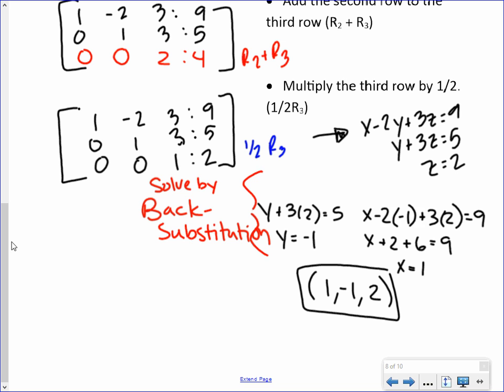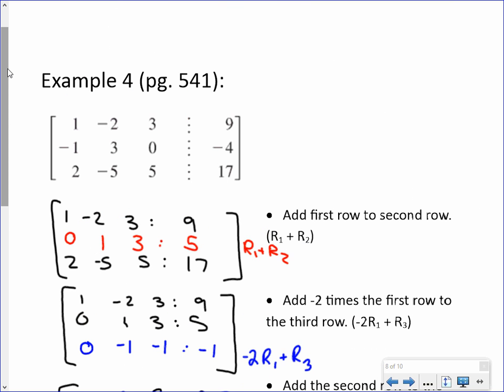So what you really did with your row echelon form is, sorry, gotta play in the middle of the scroll bar. You solved this system from the very beginning: x minus 2y plus 3z equals 9, negative x plus 3y equals -4, 2x minus 5y plus 5z equals 17.